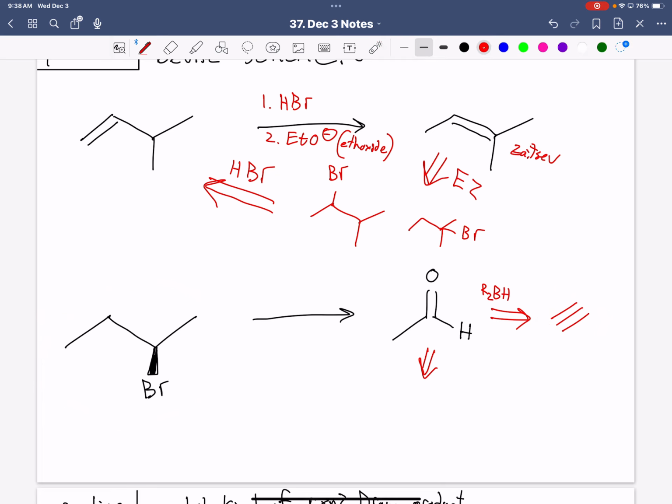So the other option for aldehydes is ozonolysis. Remember that kind of splits an alkene. So if you think about having two of those, that would kind of be like, I guess I should erase that.